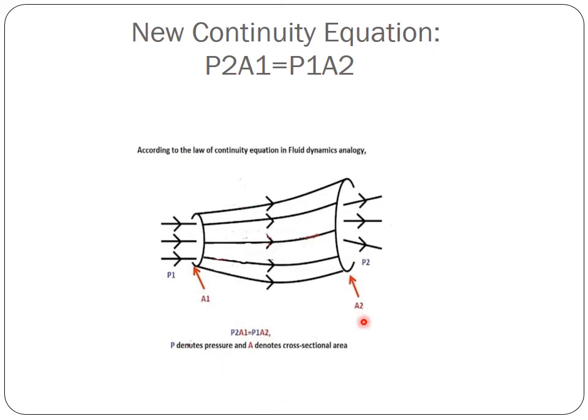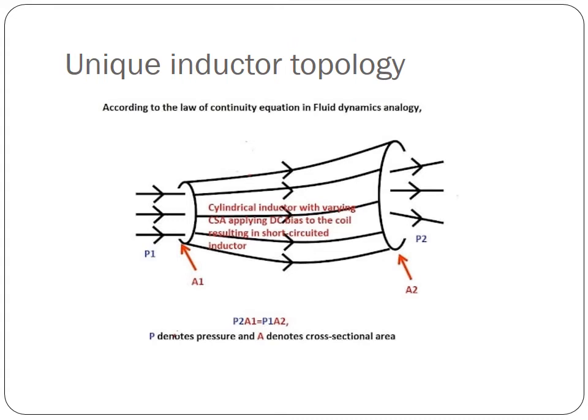So based on this topology, I am designing the inductor, which I am naming the unique inductor topology. According to the law of the continuity equation, as you already saw, and as in the fluid dynamics analogy, I am applying the electrical terms.